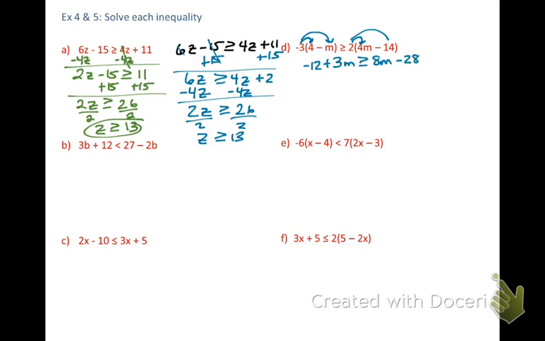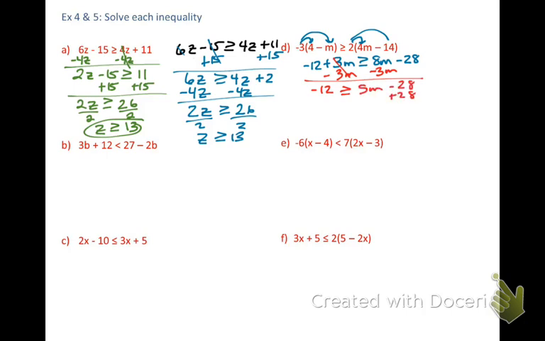The reason why I do this is so I have a positive variable. I'm going to subtract 3m from both sides. Negative 12 is greater than or equal to 5m minus 28.